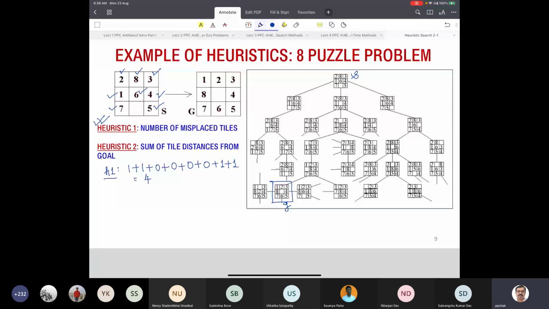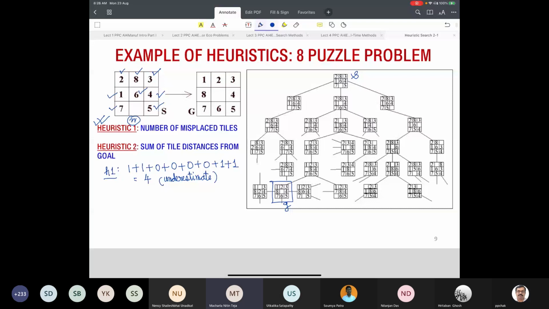H1 says that an estimate of the number of moves from this node n to goal is 4 by misplaced tiles. Is it an underestimate or an overestimate or an exact estimate? Underestimate. Why?